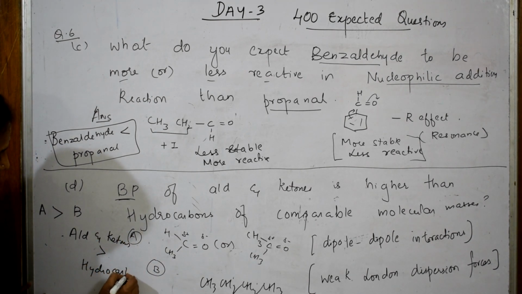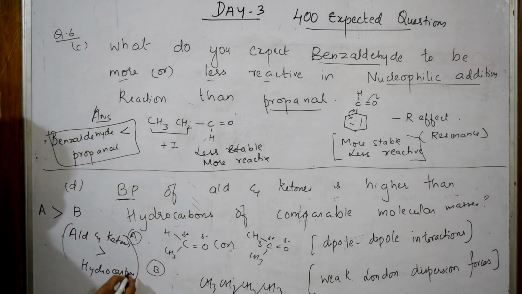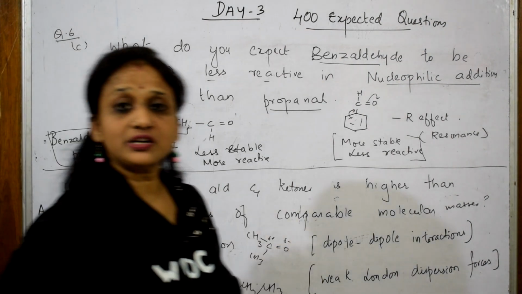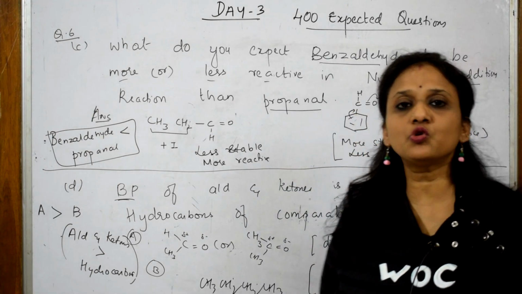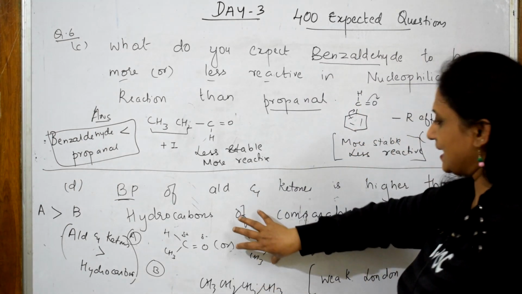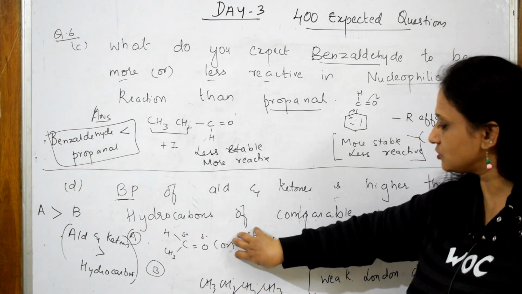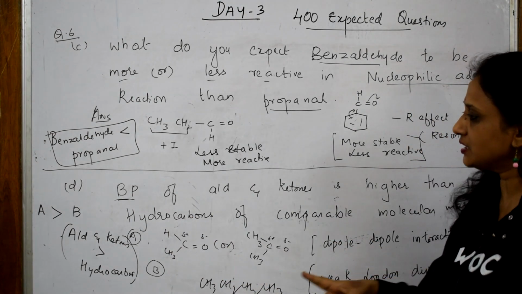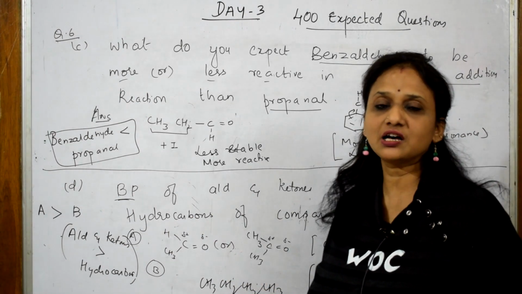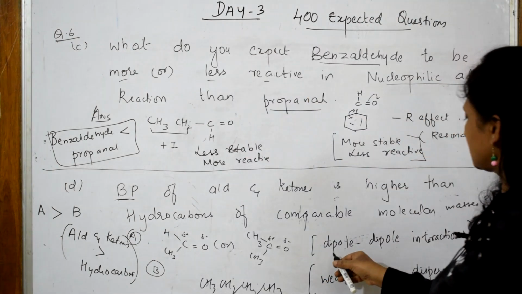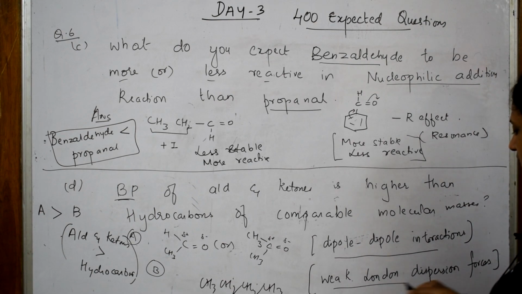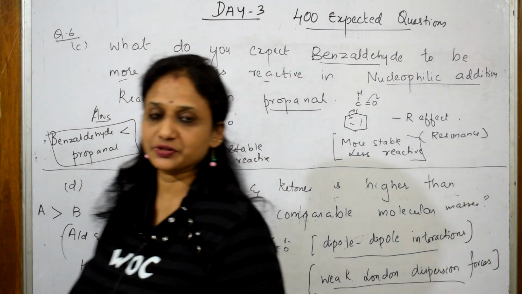So you can tell the examiner, sir, because dipole interactions are stronger than dispersion forces, I require more boiling point. That's why aldehydes and ketones have more boiling point compared to hydrocarbons of comparable molar masses. What is the keyword? This is the keyword. Got it, students? Okay, last question for today.